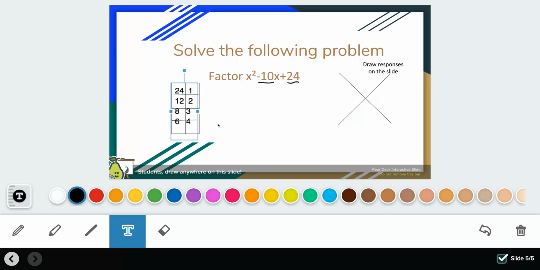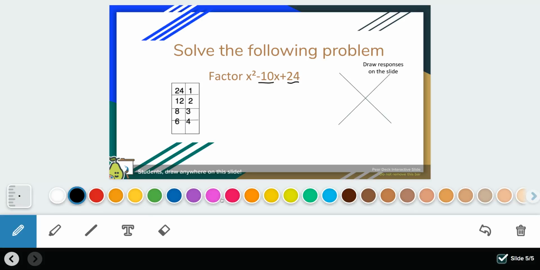Okay, so I'm gonna see if any of these factors work. You can also write them with this pencil. I'm gonna use a different color just to be creative. So I need two numbers that when I multiply, I get 24. And I'm gonna put a little dot here.